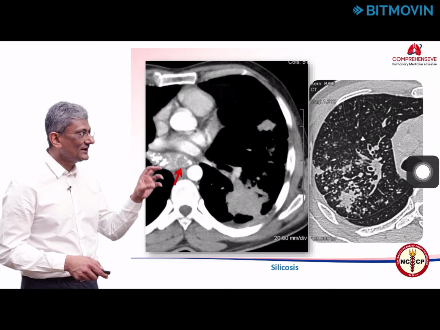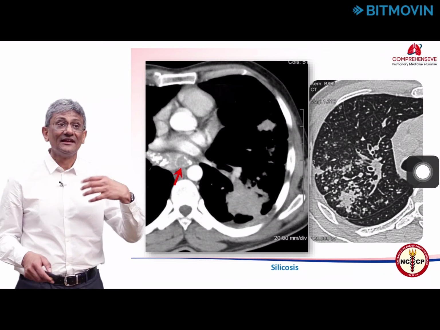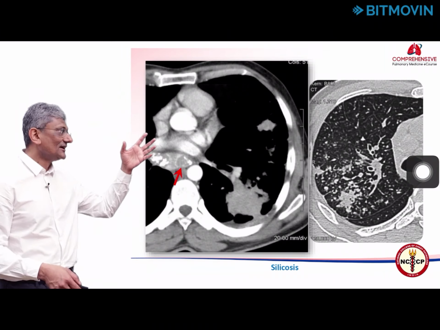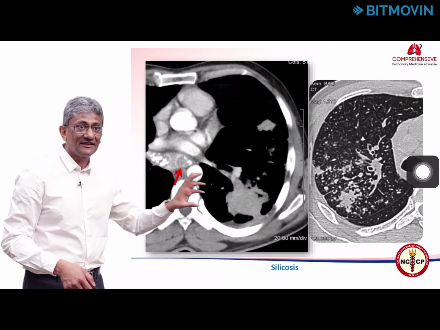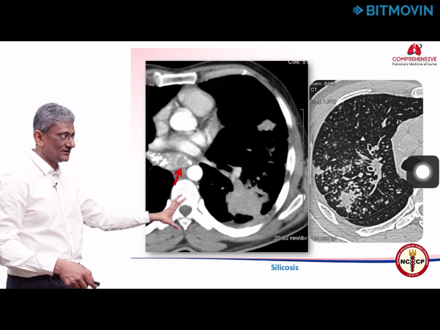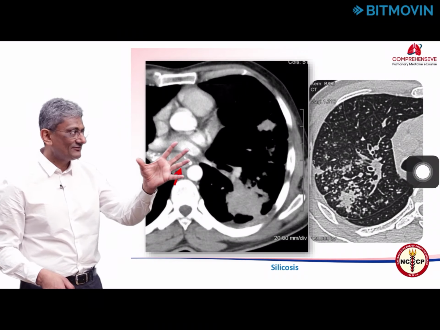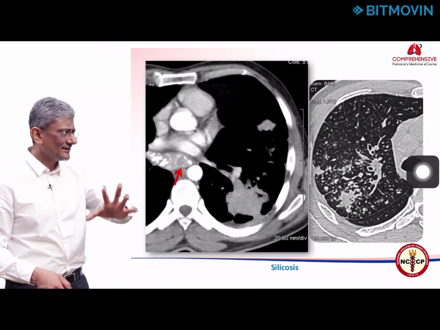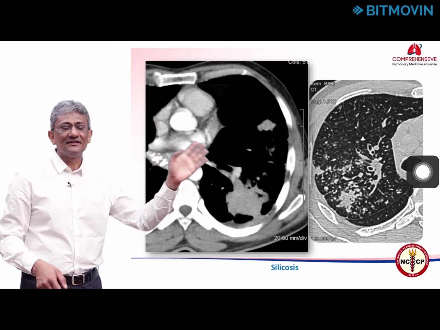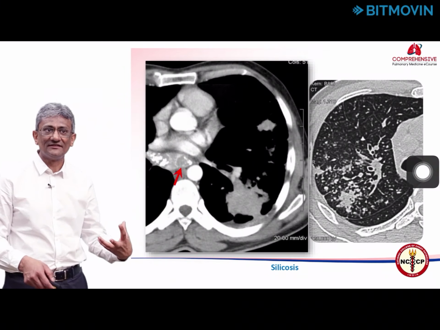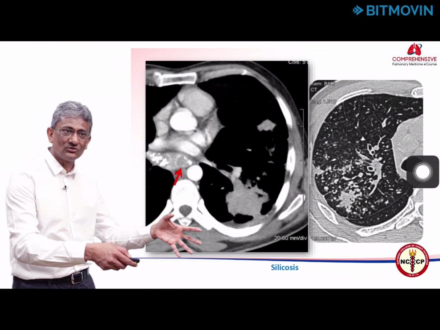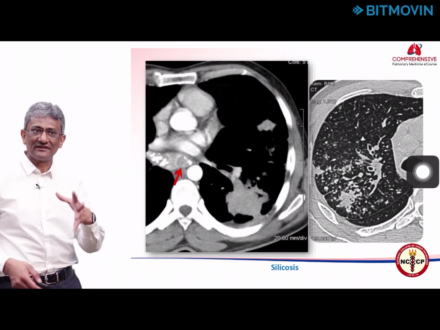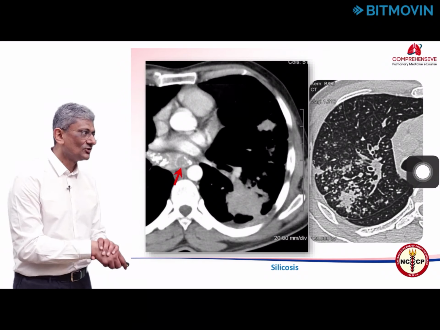And here we have another condition that again is common in the areas where it occurs endemically, where we have nodules of varying sizes but they are discrete, as you see on the lung windows. Then we have an area of massive fibrosis in the left lung, and we have eggshell calcification within the lymph node. So this suggests silicosis and typically would occur in patients who have exposure to silica, usually within the coal mines.